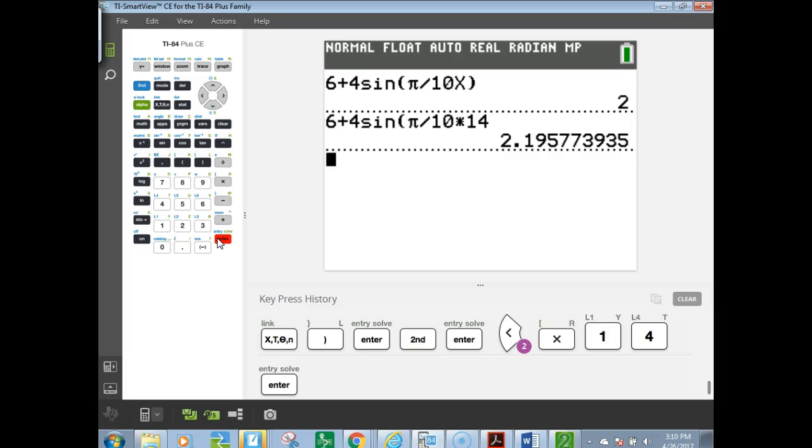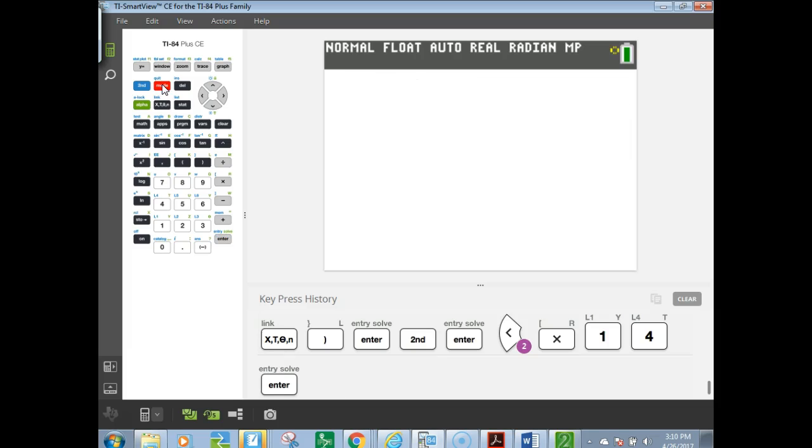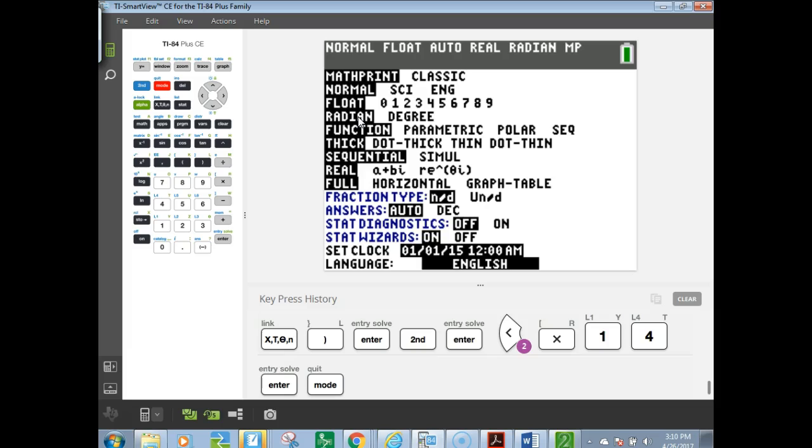Now let's think about it. I'm trying to get you guys to think about what you need to do. What kind of equation is this? Are you in degrees or are you in radians? You have to plug something in your equation, you got to put it in radians.